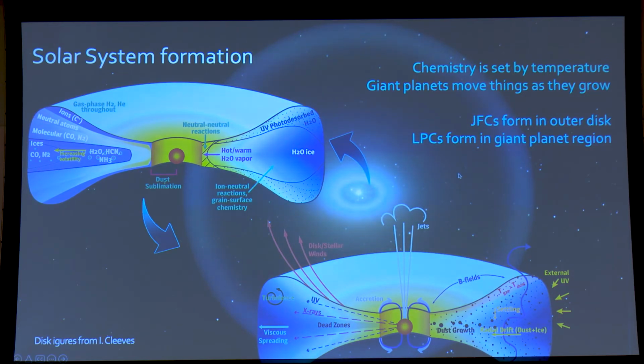It's believed that Jupiter family comets formed in the outer disk, and then they get scattered eventually inward where we observe them, whereas the long period comets form in the giant planet region, wherever they might be. So that could be over a wide range of distances in the disk, but they may have formed in warmer temperatures. So you would expect some difference in chemistry.